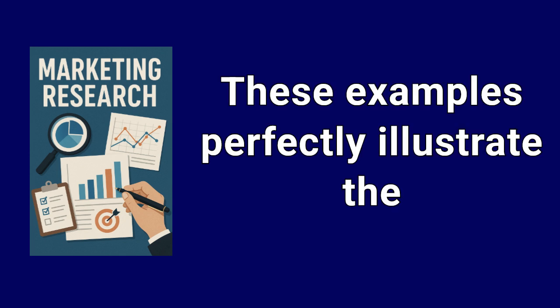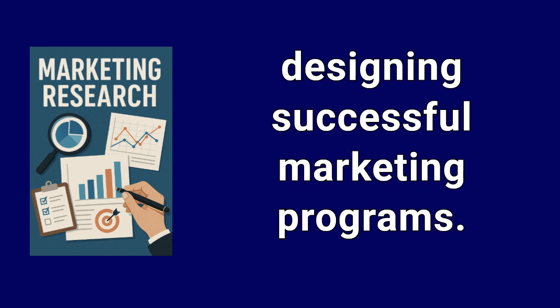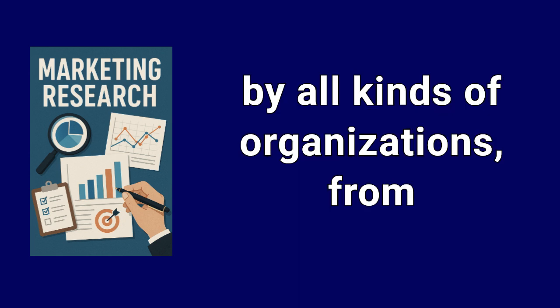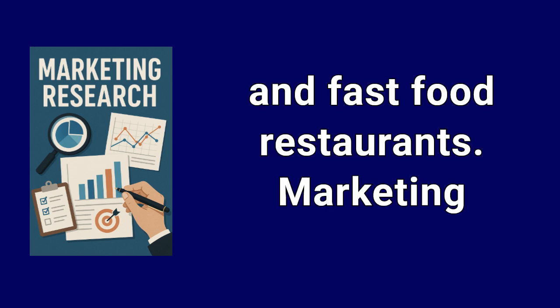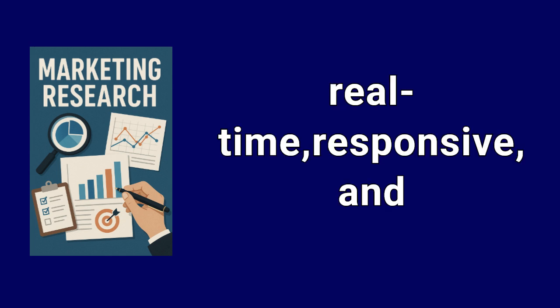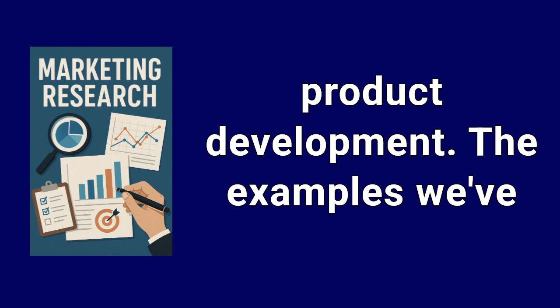These examples perfectly illustrate the crucial role of marketing research in designing successful marketing programs. We can see marketing research being used by all kinds of organizations, from Boeing and NBC to Toyota and fast food restaurants. Marketing research has become global, real-time, responsive, and much more integrated with marketing and product development.